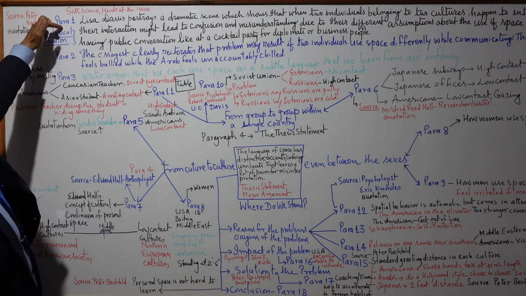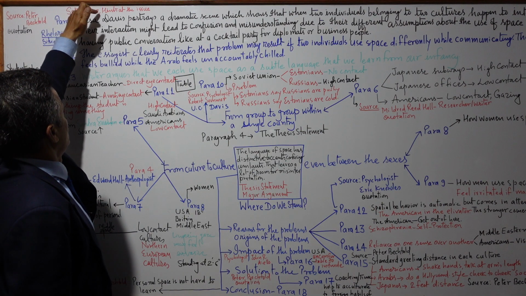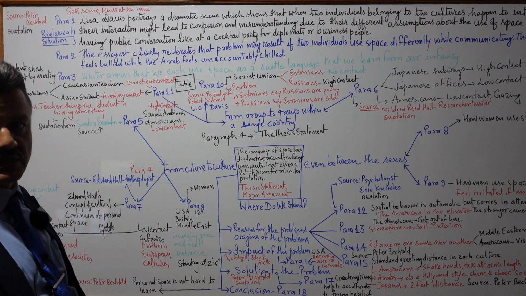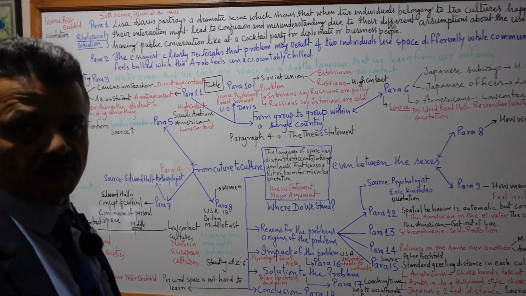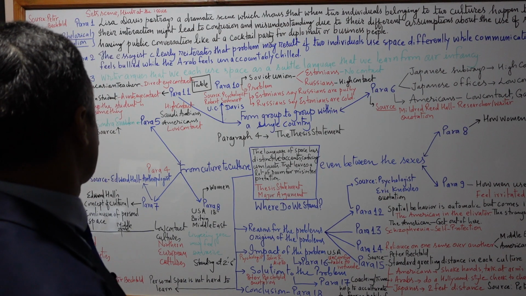So in paragraph 1, the writer sets the scene and hints at the issue, how confusion arises when two people from two cultures use space differently while having an interaction.